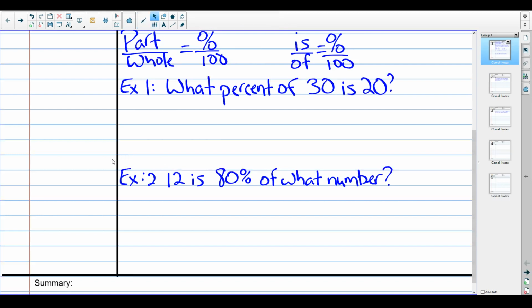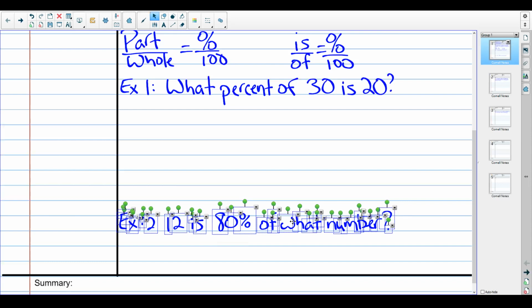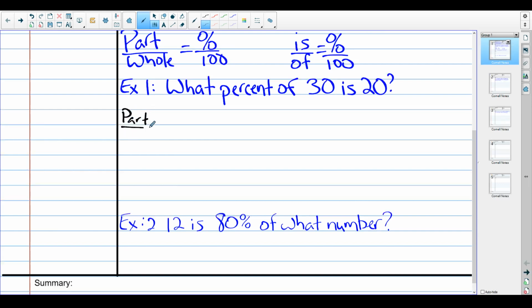Alright, so let's answer a couple. First one: what percent of 30 is 20? I hope I did this right because I don't have the copy of the notes. So part to whole, that's always going to be our key.